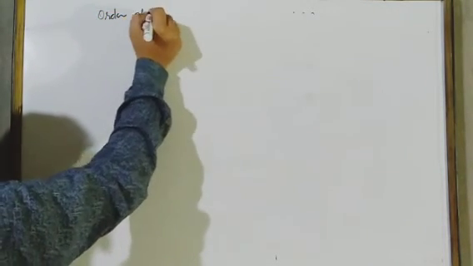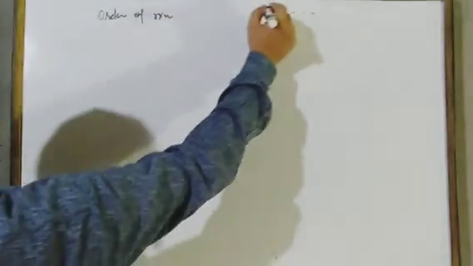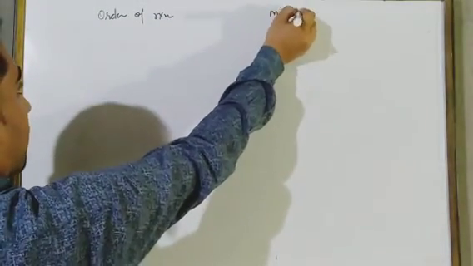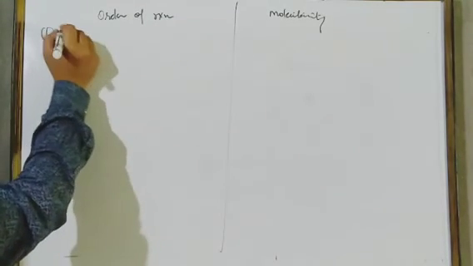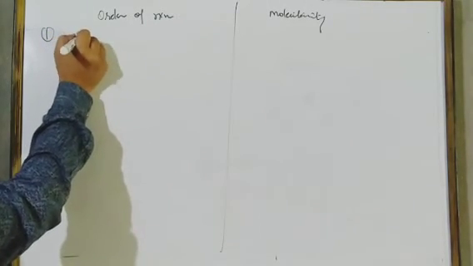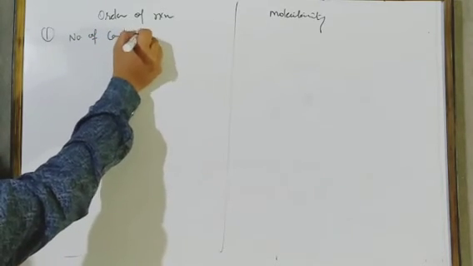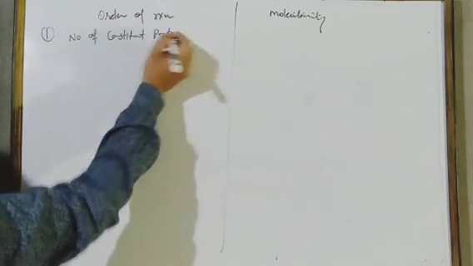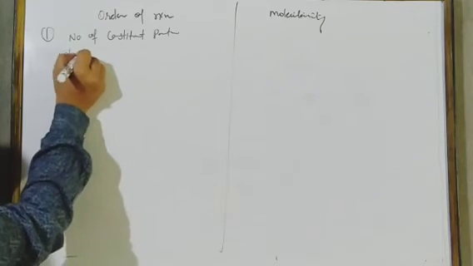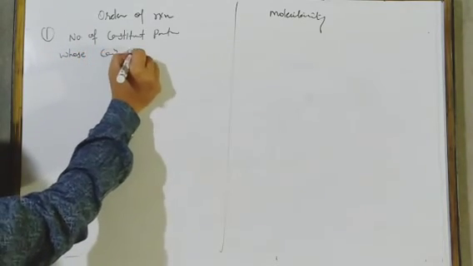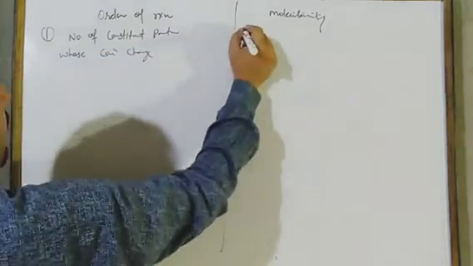So the last topic of this video is difference between order of reaction and molecularity of reaction. In this, the first difference is order of reaction is the number of constituent particles whose concentration changes during reaction.